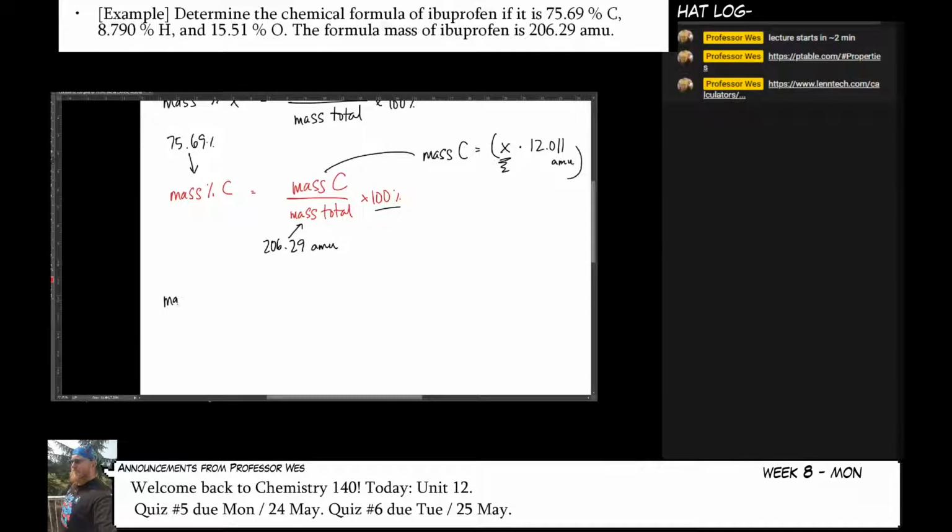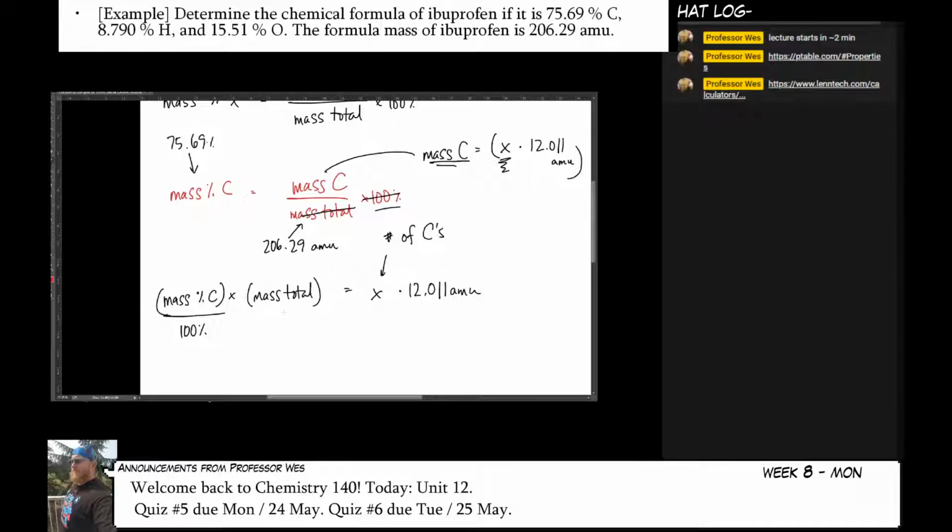So that means mass percent C times the total mass divided by 100%, which gets rid of these terms, equals just the mass of carbon, which is this, where X is the number of carbons in our formula.